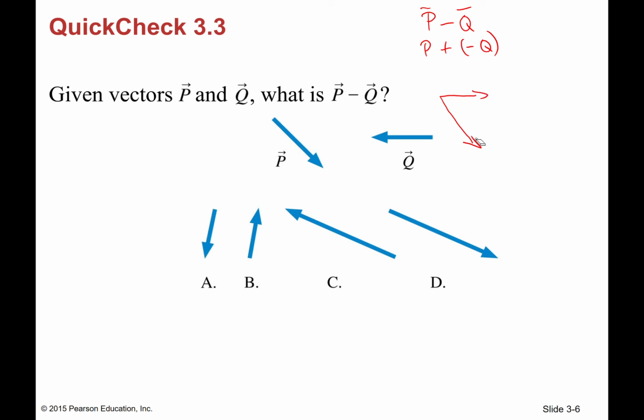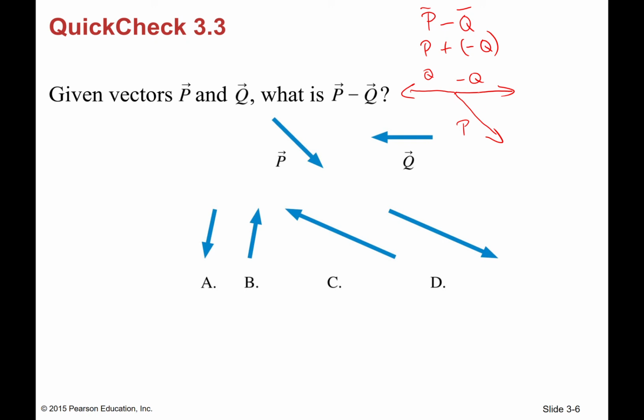What we want is P plus minus... sorry, let's start over. I made a mistake there. This is the vector P, and this here is the vector Q. Now this vector here is the vector minus Q, and that's what you want to add.